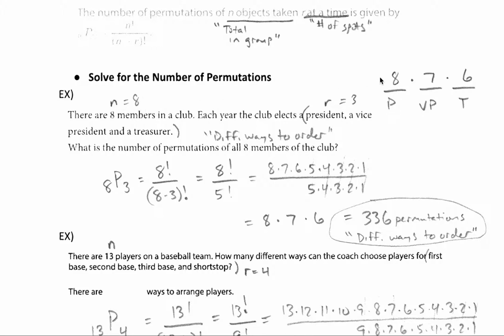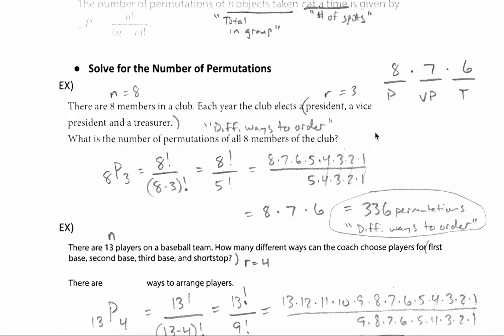If I've already assigned a president, then I must only have 7 people to choose from for my vice president or treasurer role. And then if I've already elected those 2 positions, then I only have 6 more people to choose from for that last position, such as the treasurer. So we could just do 8 times 7 times 6, and we would get the total number of ways that we could choose those 3 spots from 8 different people.